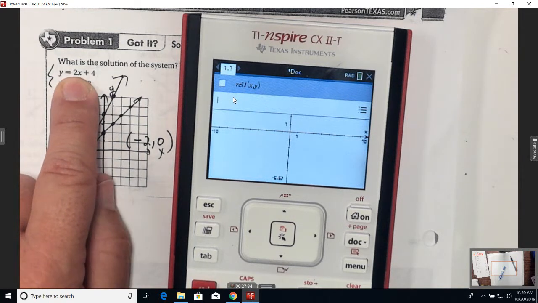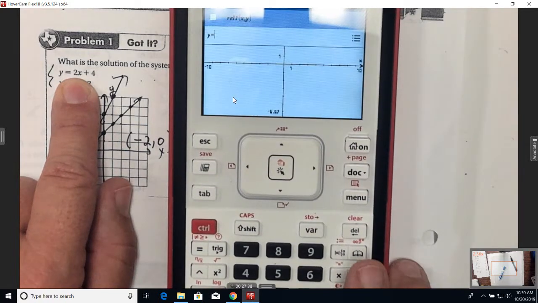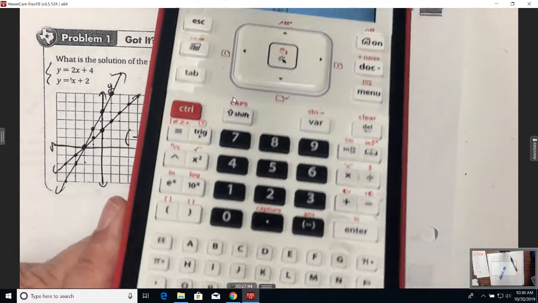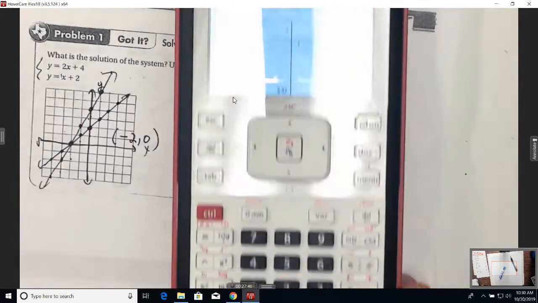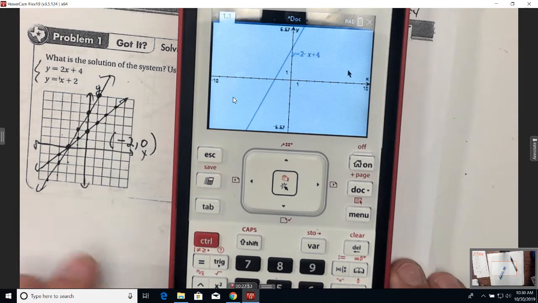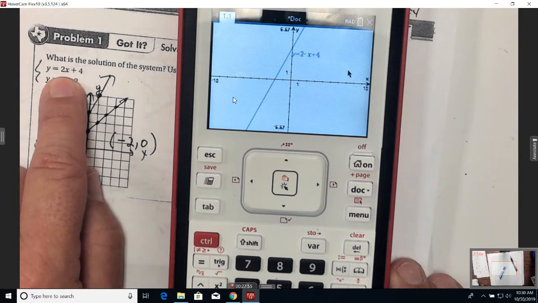So I graph literally y equals, so I'll find the y button at the bottom of my screen, equals is below the control, and then 2, and then my x is down here, right, and then plus 4. And hit enter, and it will literally graph whatever you type.